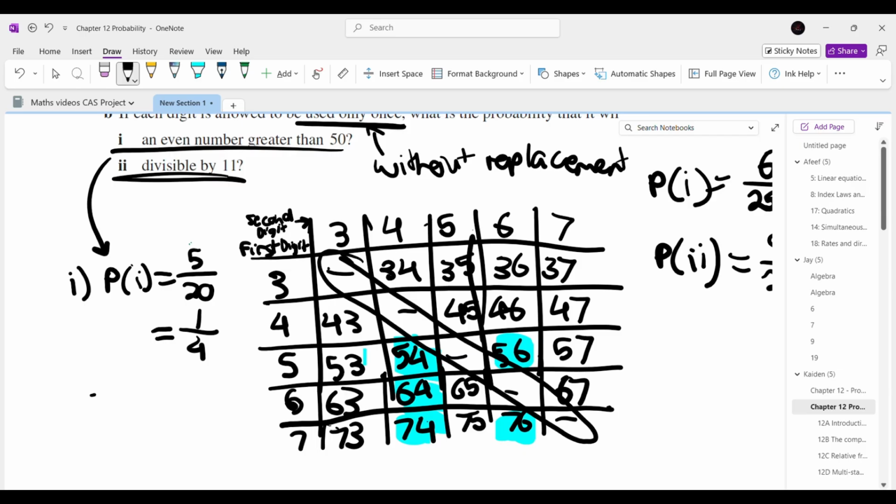So none of these are divisible by 11, and the probability of a number being divisible by 11 in this dataset is 0.